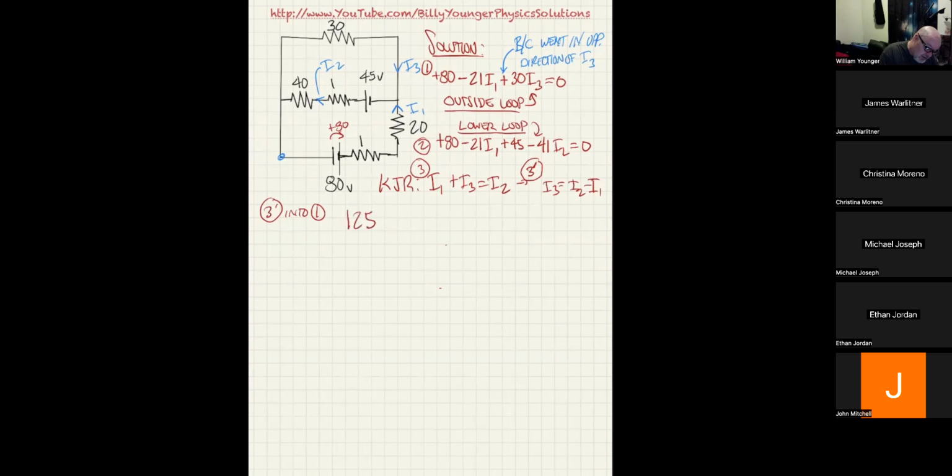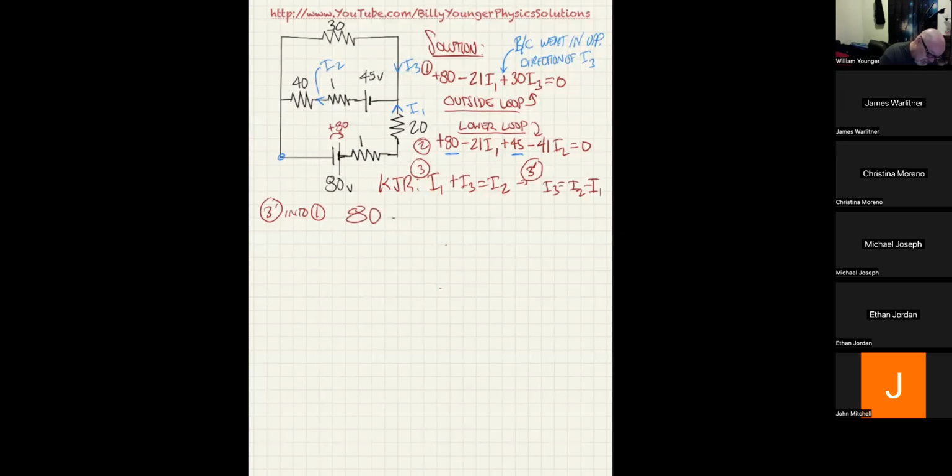See that the 80 and the 45 are just pure numbers, so I can go ahead and jump with that. So I want to say 125 minus 21 I1 minus, oops, I'm plugging in the wrong equation. No wonder. That's okay. I'll do that later. Well, you'll remember that I actually accidentally plugged it into 2 instead of 1. So now I have 80 by itself. That makes a lot more sense. I don't remember there being a 1 there.